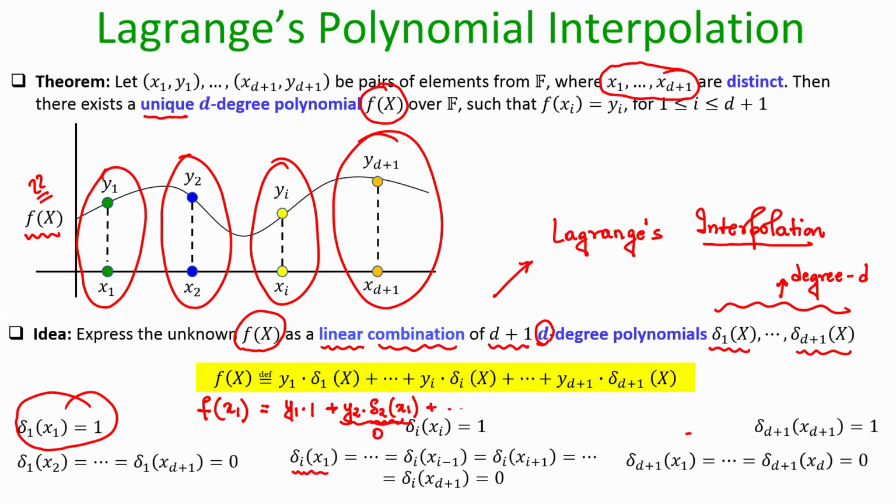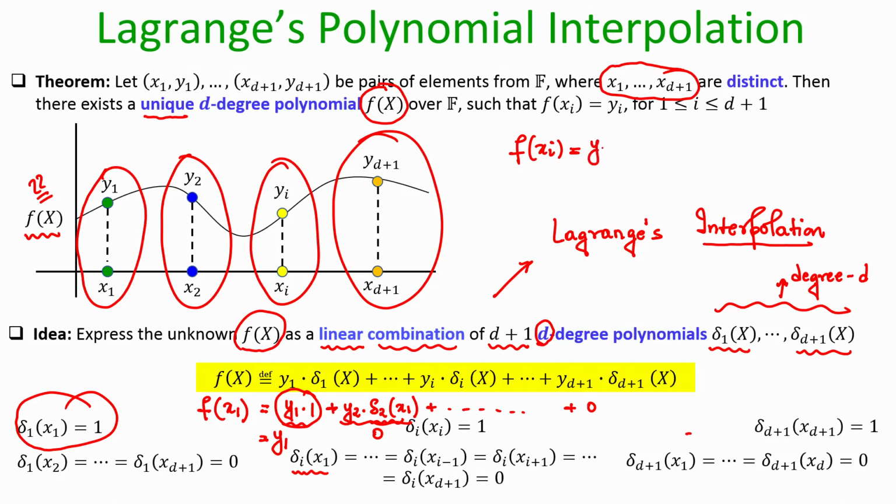That means all the remaining terms here will give me 0, and 0 added with a non-zero element will give this non-zero element, and y 1 multiplied with y 1 will give me y 1, right. In the same way, f of x I will be y 1 times delta 1 polynomial evaluated at x I, but x I is one of the roots of delta 1 polynomial.